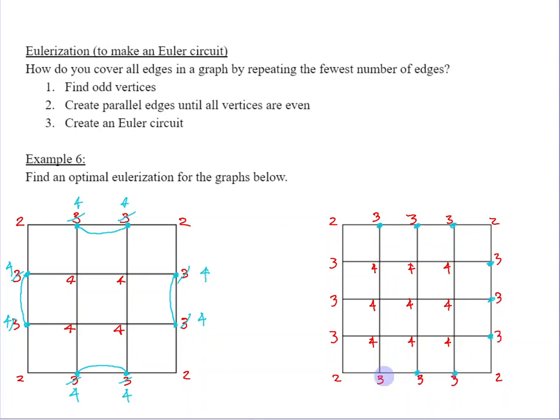So, again, I need to connect some of these odd vertices so that they are all even. So I'm going to start doing what I did on the previous graph. I'm going to add an edge there. Now both of these are 4s.